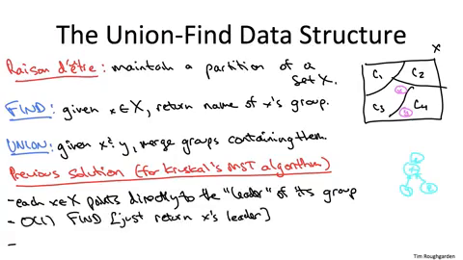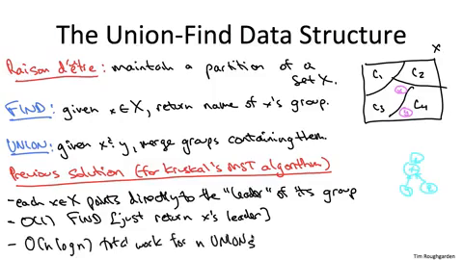Now, the tricky part was analyzing the cost of union operations. The problem here is that to maintain the invariant that every object of a group points to its leader, when you fuse two groups, you have to update a bunch of the objects' leaders. You can only have one leader for the one new group. The simple but totally crucial optimization that we discussed was when two groups merge, you update the leader pointers of all objects in the smaller group to point to the leader of the bigger group.